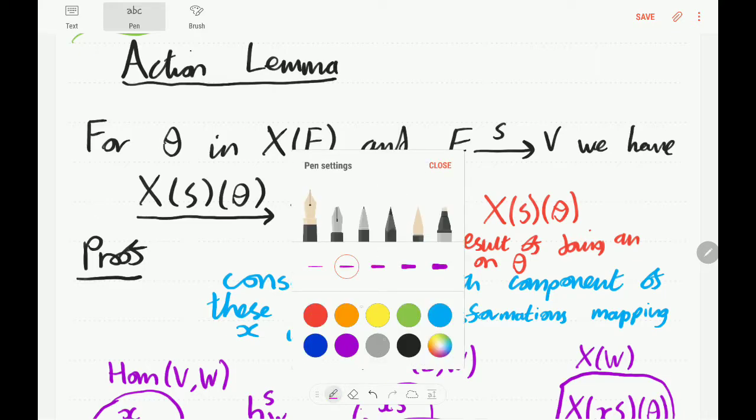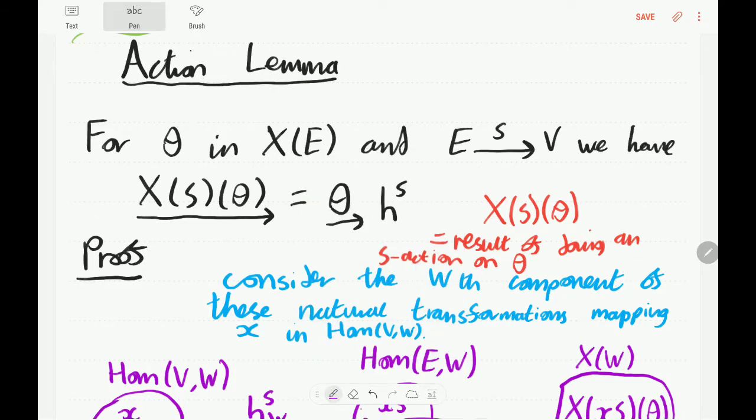The other result we want to talk about is called the natural lemma, and that's about how we can think about arrows in our category set to the power of C, which are like natural transformations between functors.